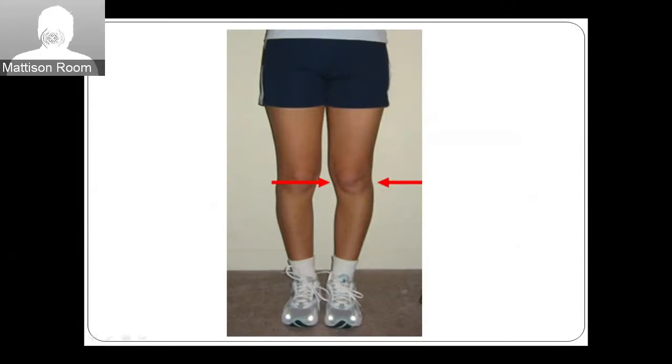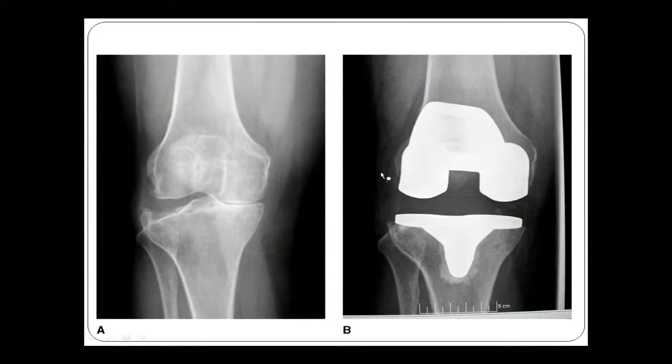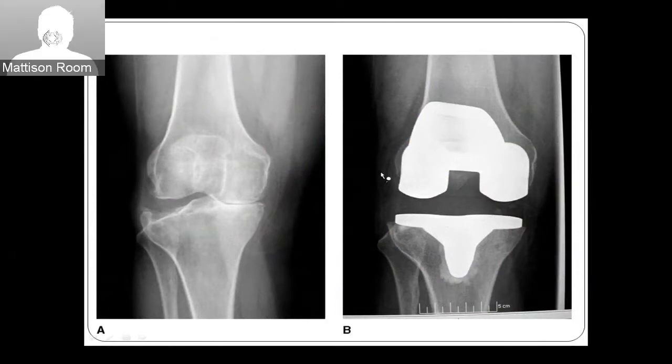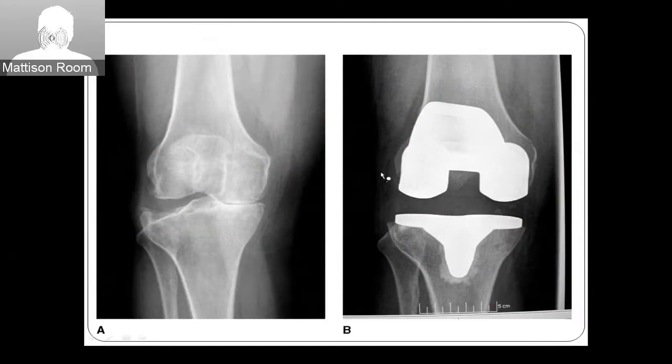And that will ensure a longer life of the components too. Because if you left them off kilter, you could get more wear on one side versus the other. Then the component would need to be replaced. I can't give you a time frame, but theoretically you could shorten the life of the components. You want them as equal on both sides as possible.